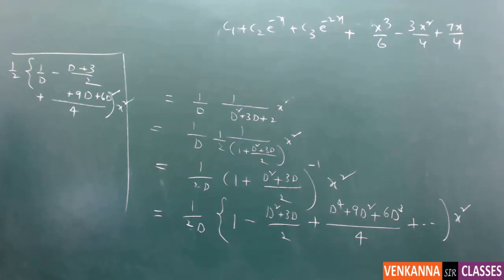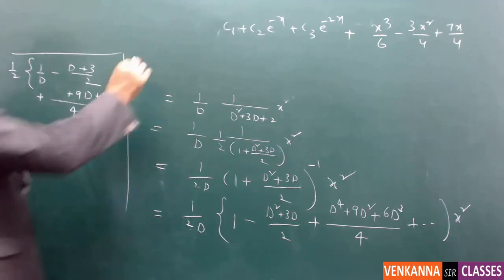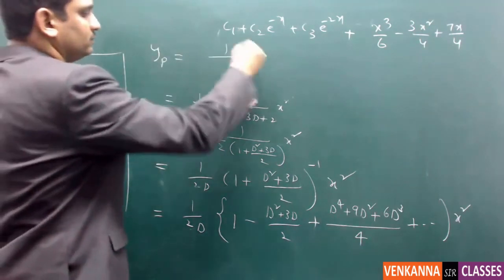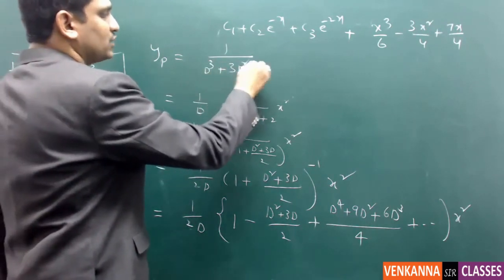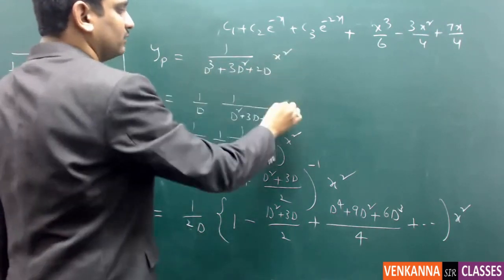The same thing for the same problem. Okay? Right. So is that final answer matching with yours? Fine. So I will repeat right from the beginning. We have yp is equal to 1 by D cube plus 3D square plus 2D of x square.